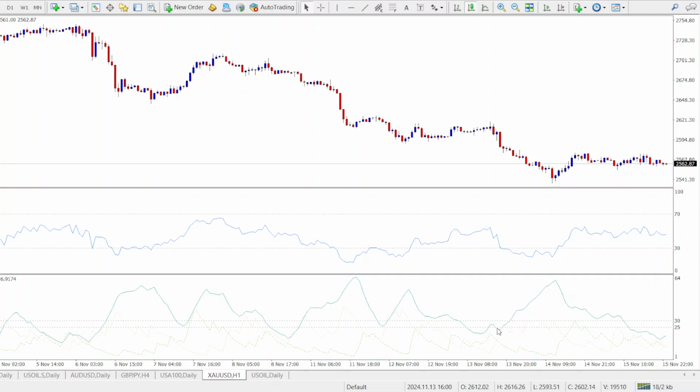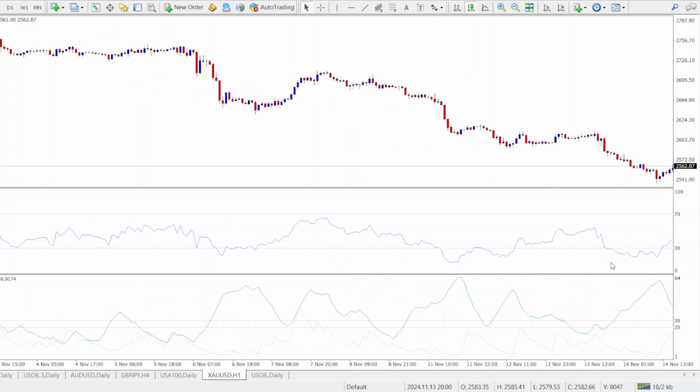When you have this ADX line above 25, it indicates a strong trend. Better if it's even above 30. Unlike the RSI, the ADX does not tell you the trend direction. The purpose of the ADX is not to show you the direction of the trend. The purpose, rather, is to tell you how strong the trend is.